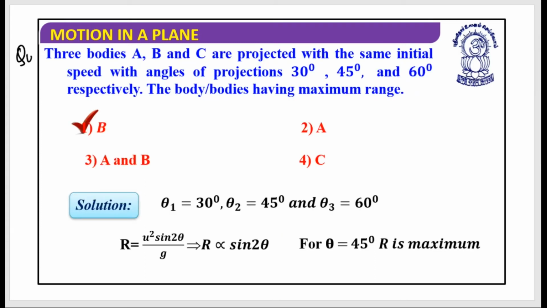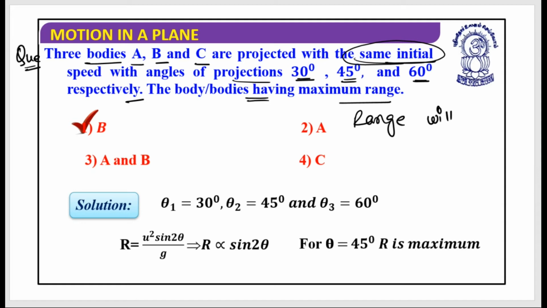What does it say? It says that three bodies A, B and C are projected with the same initial speed, with angles of projection 30 degrees, 45 degrees and 60 degrees respectively. Which body has the maximum range? The range will be maximum if theta is equal to 45 degrees, that we know.